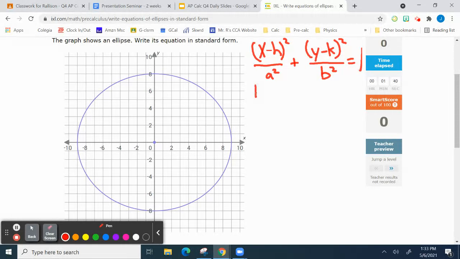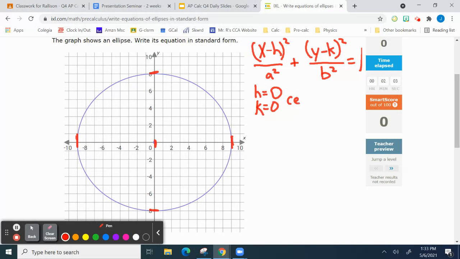Let's do our h and k. We're looking for the center of this thing. And I'm noticing that it goes from x equals -9 to x equals 9. So it's 0 in the x dimension, right? And then it goes from 8 to -8. So it's 0 in the y dimension.